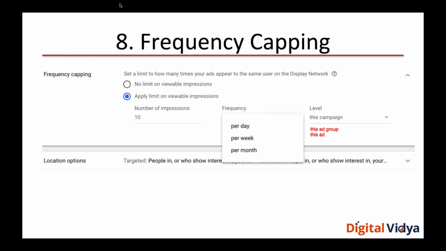If I make it weekly and ad group, what does it mean? In a week, you will not see ads from this particular ad group more than 10 times. Or if I say 10 per day at the level of this ad, whichever ad I am setting it for, that ad will not be shown more than 10 times in a single day to a person.